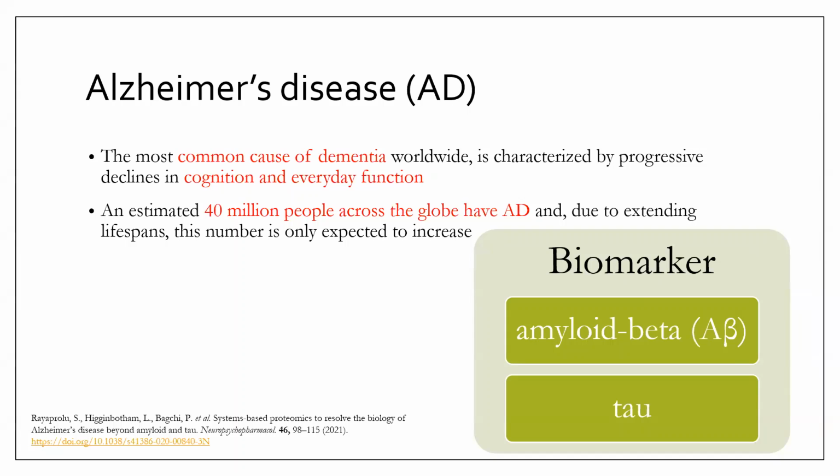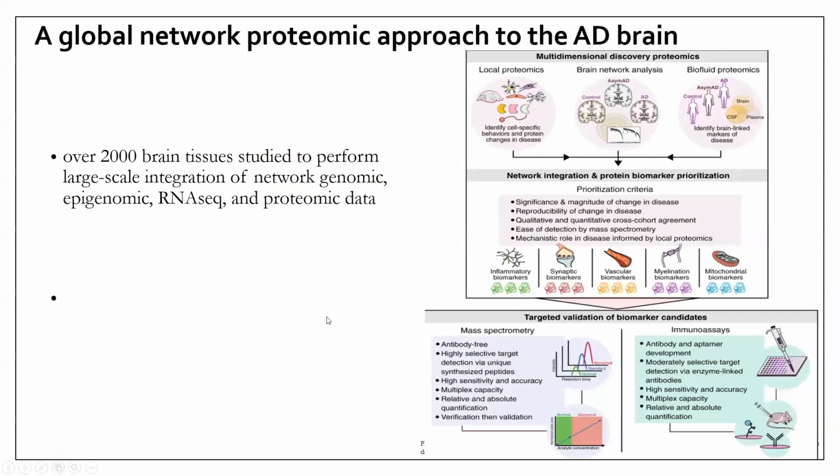The pharmaceutical industries are mainly focusing on amyloid beta (A beta) and tau. But apart from these biomarkers, protein analysis has played a very important role in generating a global network, where a proteomic approach is used to study the Alzheimer's disease brain.